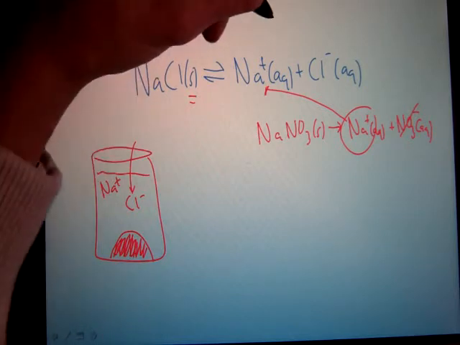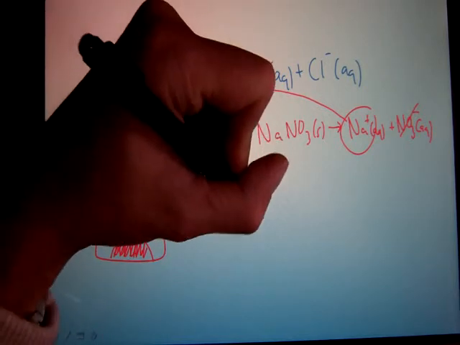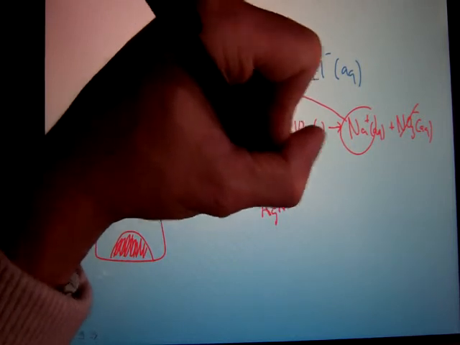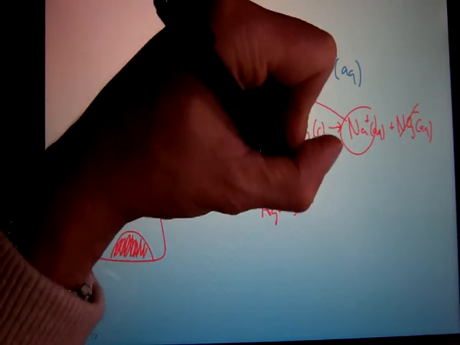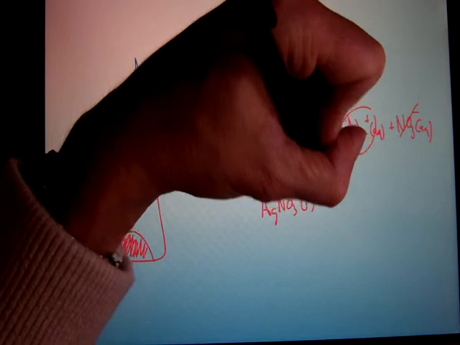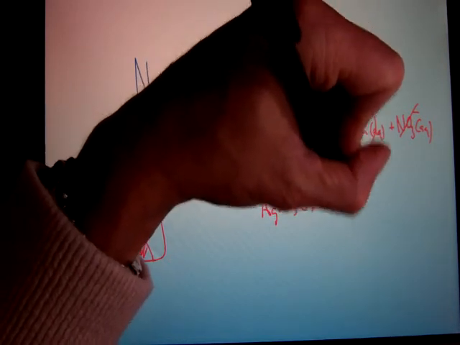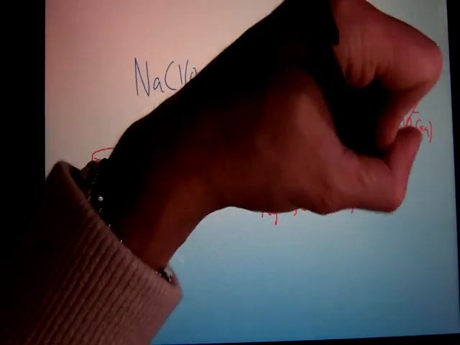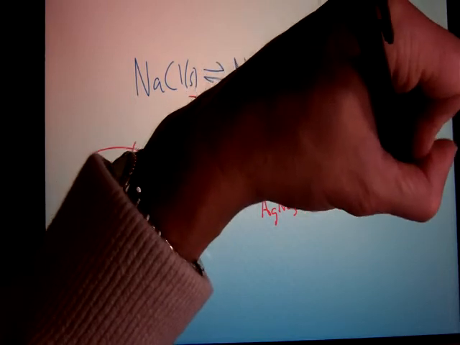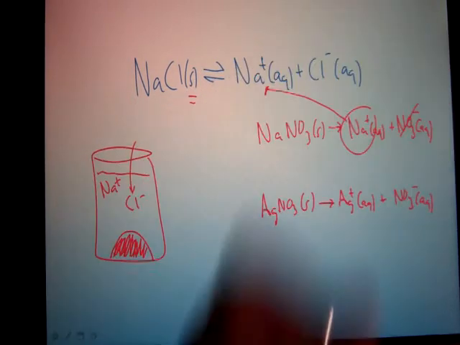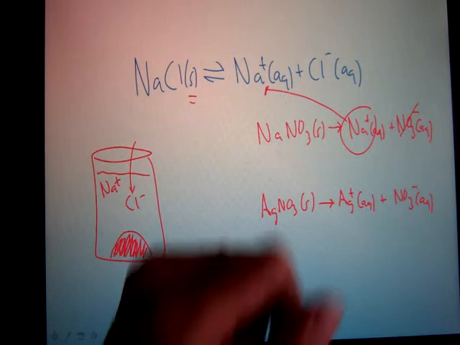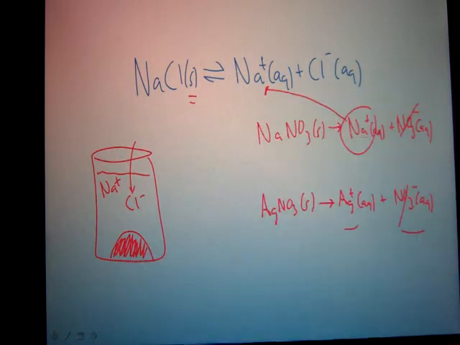Okay, well, how about if I add a sample of silver nitrate? Okay, same thing. Ionic compound, soluble, so let's dissociate it. Now in this example, neither ion is present in the equilibrium system. I have silver and I have nitrate. Again, nitrate's pretty unreactive, so we won't deal with that. Rarely will we ask you to add a compound to a system that is going to have no effect.